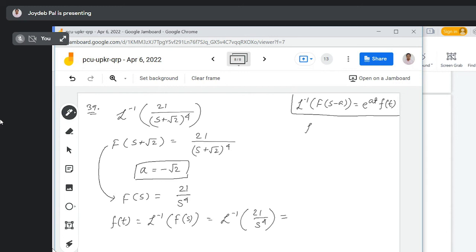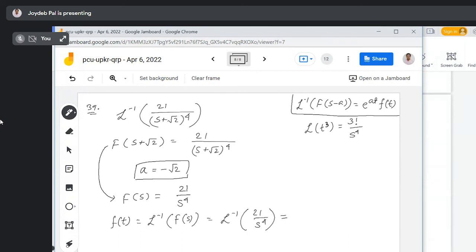Do you know the Laplace transform of t cube? What? Factorial n divided by s to the power n plus 1. So factorial 3 divided by s to the power 4.